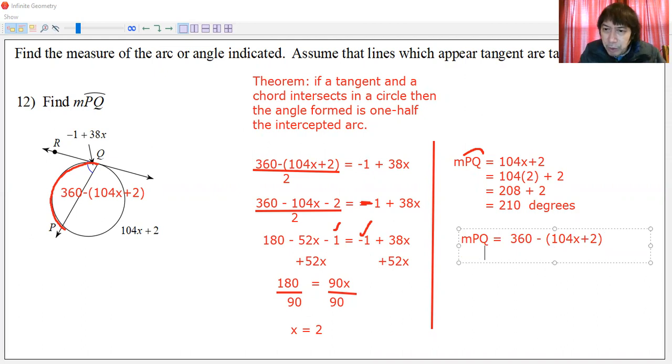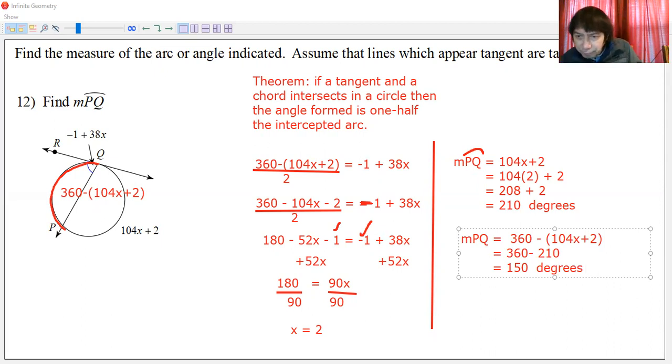So that means this is 360 minus 210, which is 150. So this is equal to 150 degrees. This is the minor arc.